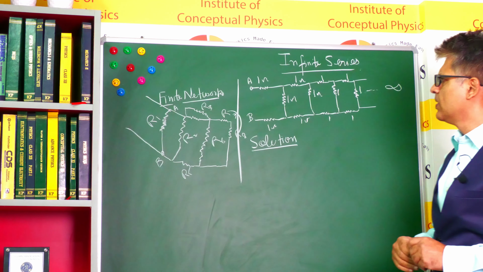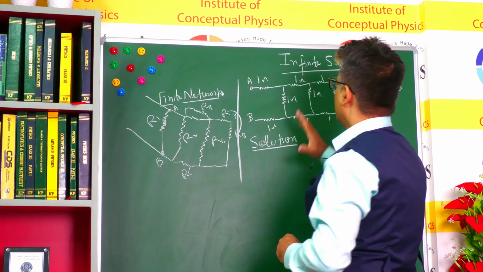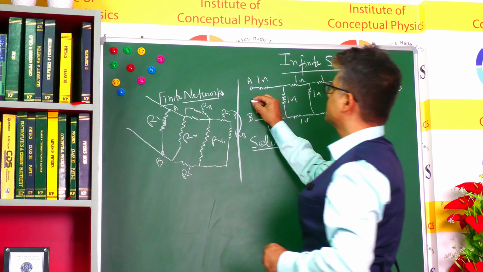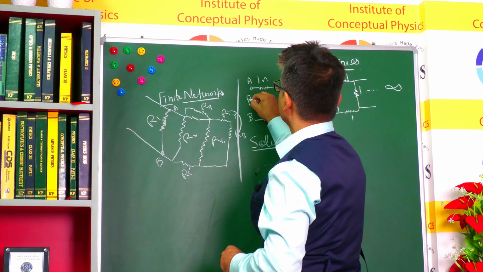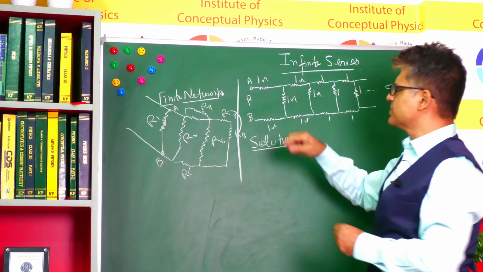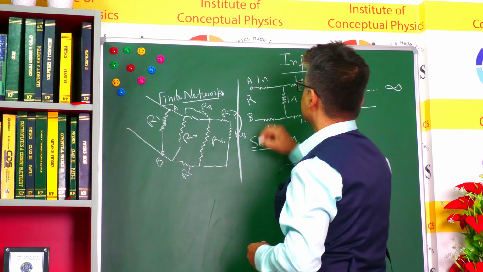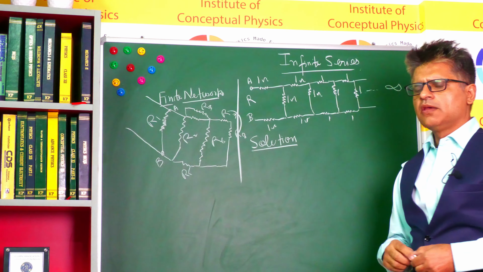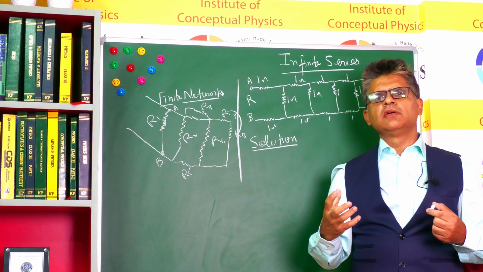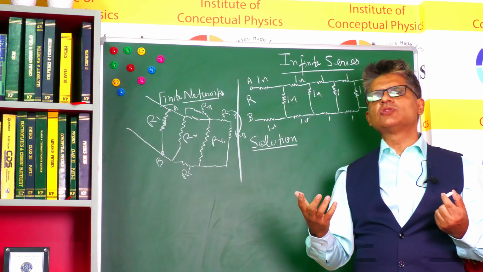Since the network is infinite, say the resistance between A and B is R, this is your total resistance. Then, if you take something out of something which is infinite, the answer does not change, right?